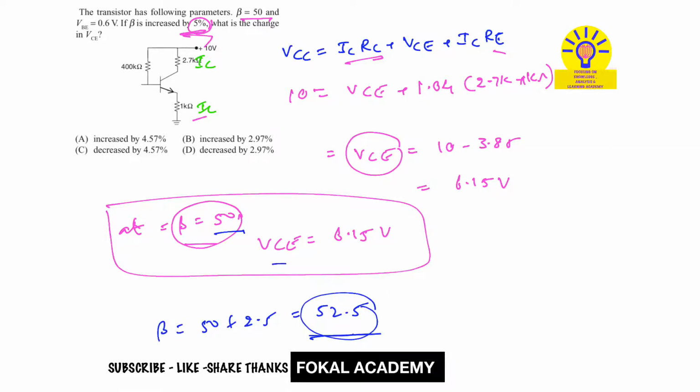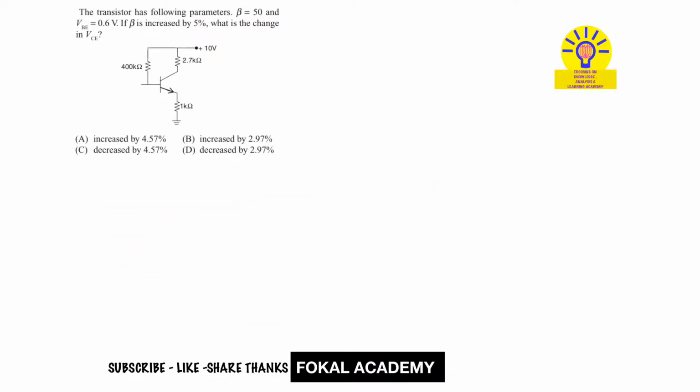Same procedure. First of all, find the IC value, next substitute in this equation, then we get the new VCE value. We know that in this loop IC equals beta into VCC minus VBE divided by RB plus beta RE. Now substitute here.